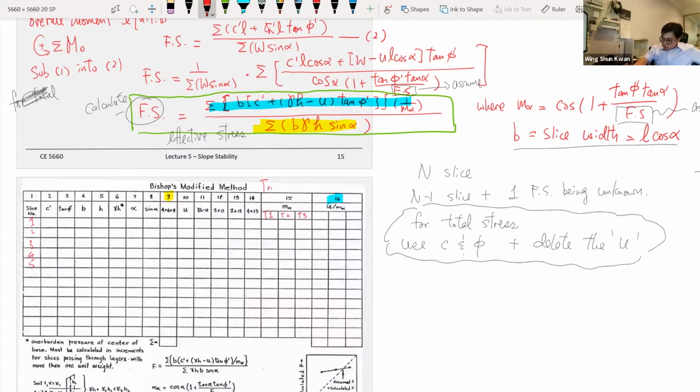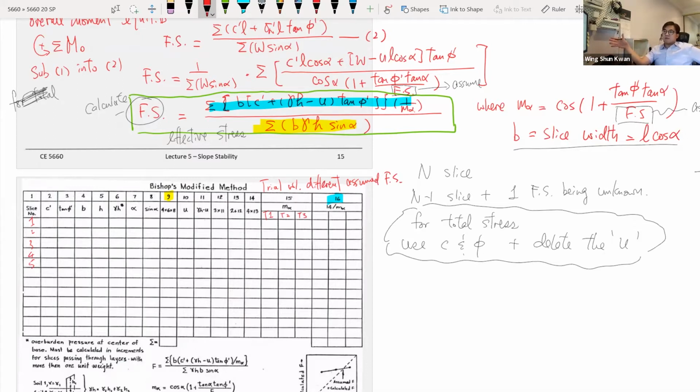Those are trials with different assumed factors of safety. So if the first time you try a factor of safety of 1, then you try a factor of safety of 0.5, and then maybe try a factor of safety of 2. So you will get a better sense.